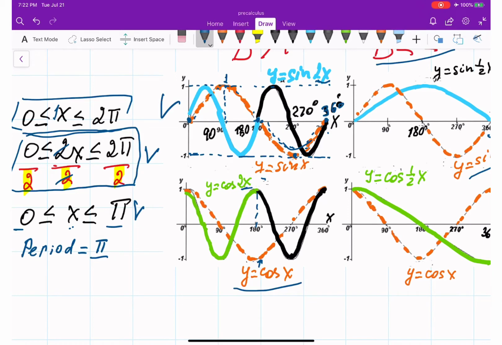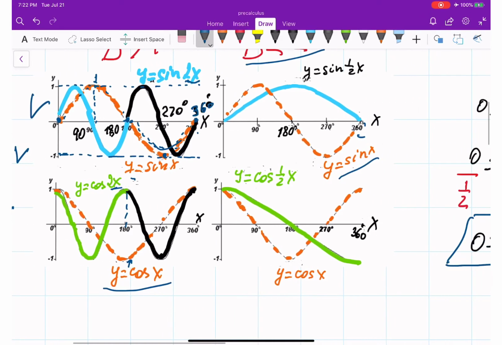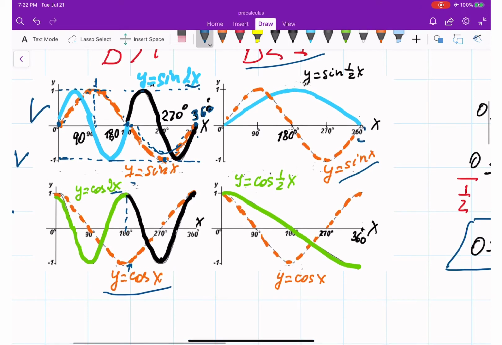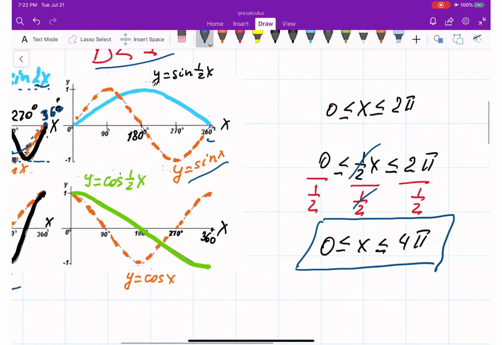Okay, next, cosine half a x, just like sine, the period is gonna become 4 pi, because once we divide by 1/2, exactly same way, just like sine, we get period 4 pi, which means within 360 degrees, we will fit only half of wave.